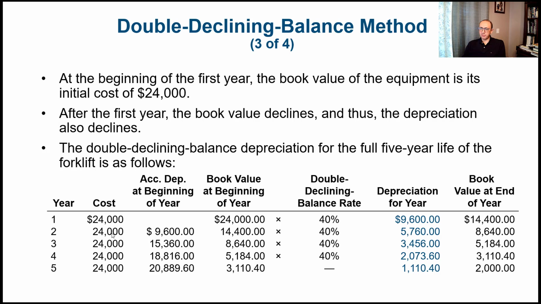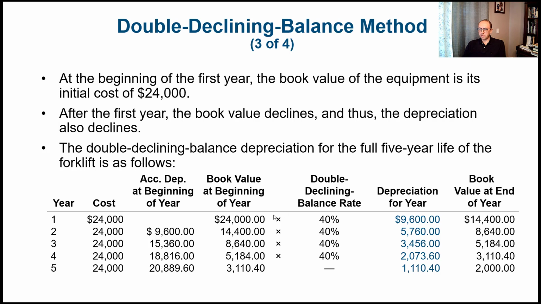So now we have a cost of 24,000 in this next year. Our accumulated depreciation is the value of the depreciation for the previous year, for year 1, and that will give us a net book value of 14,400, which is the difference between the 24,000 and the 9,600. We take this new book value for the second year to calculate the depreciation.